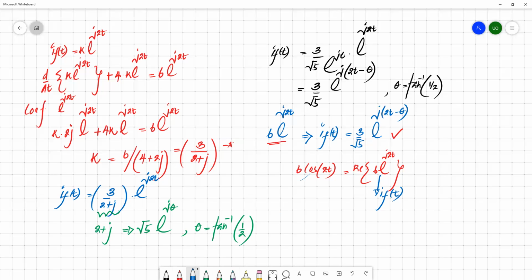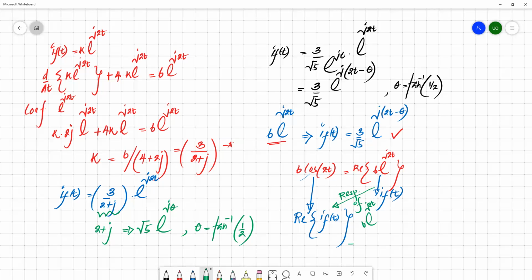So the response for this is the real part of the forced response, which is the response of 6 e to the power j2t. So what's the real part of this?